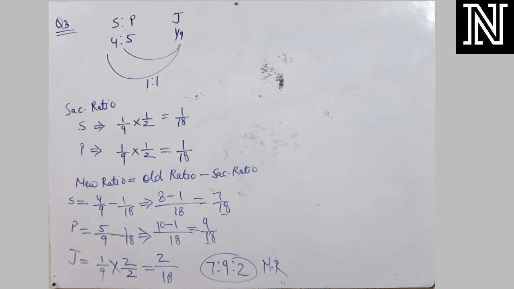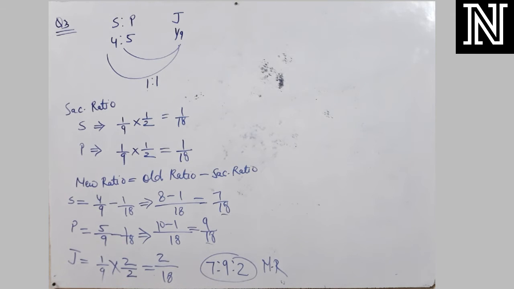Yes beta. Ma'am, in this question, to find the sacrificing ratio, why do we not multiply it with the old ratio? Because if the new partner share is not given, one more condition is going to come, where the new partner share is not given. Then we will calculate the sacrificing ratio by multiplying with the old ratio.